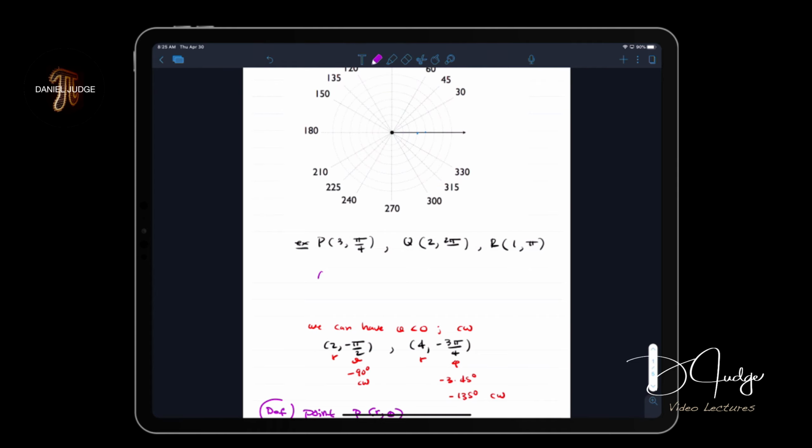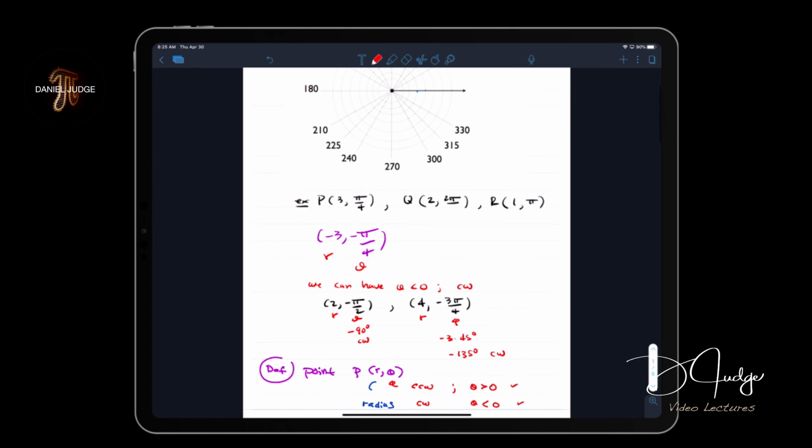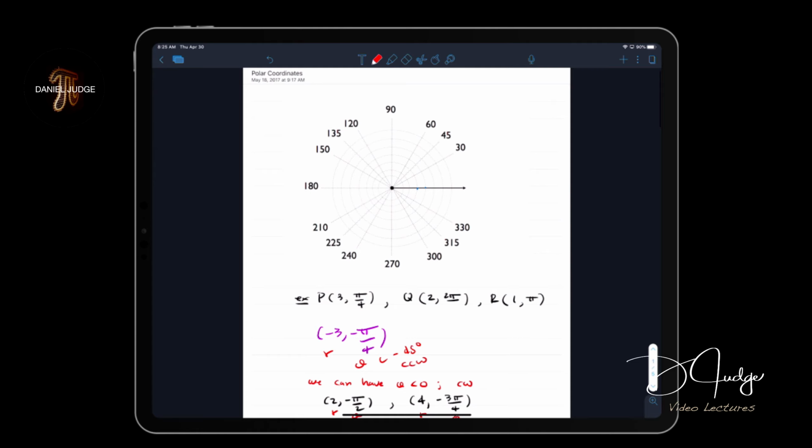How about if we say negative 3, negative pi over 4? What happens when you have a negative radius value and also a negative angle? Well, negative angles, you guys know, that's going to be negative 45 degrees, and that's clockwise. So you do it the same way, meaning you start with 3, a positive value.